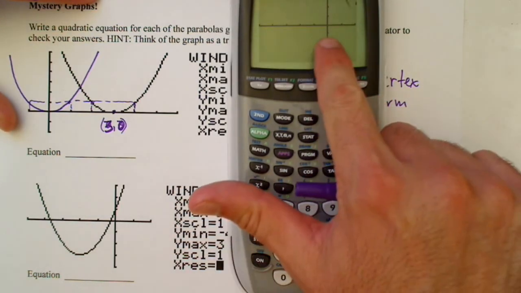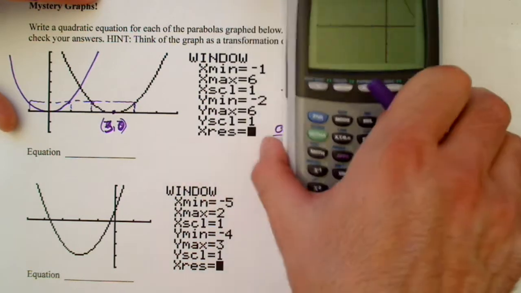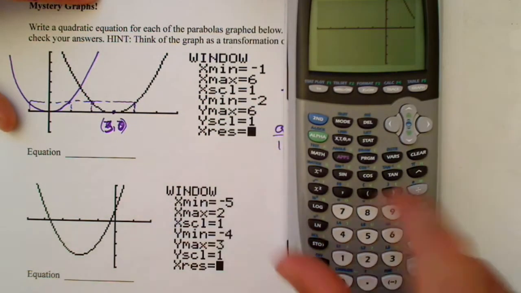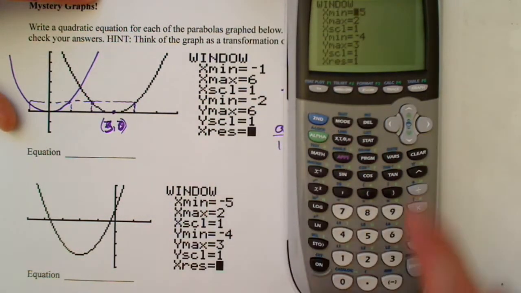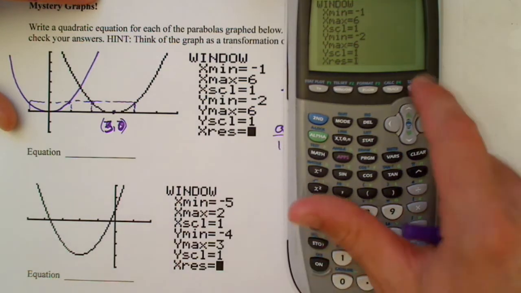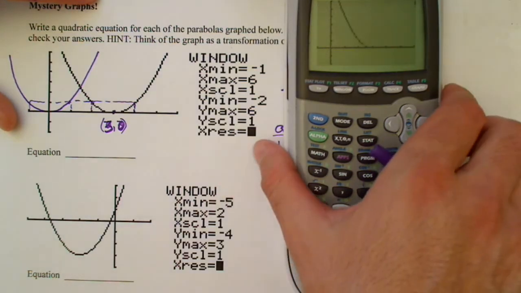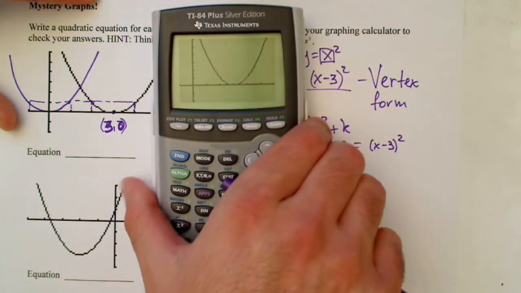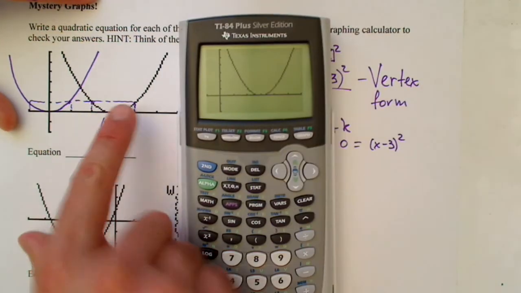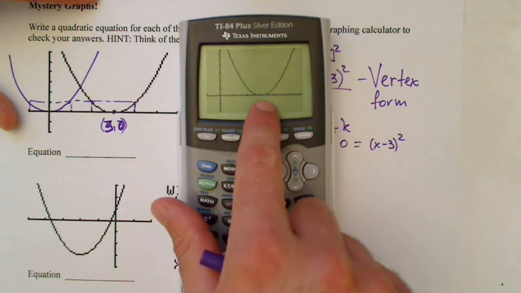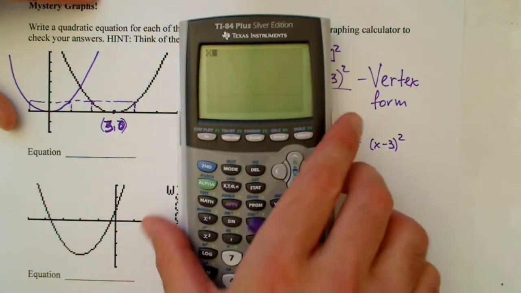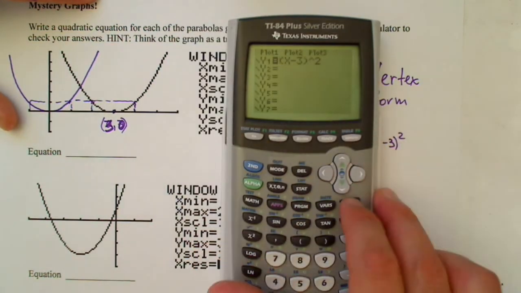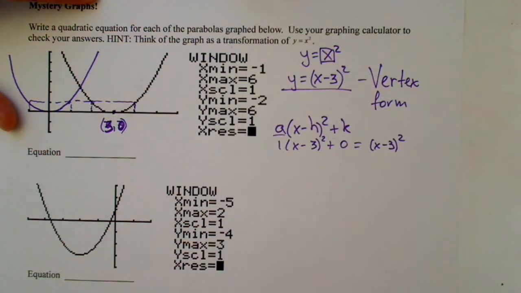Okay, now you cannot see anything, but we have to change the window to the given one: -1, 6, 1, -2, 6, 1. Graph, and boom, it is the same as what we have. Moved 1, 2, 3 units to the right.